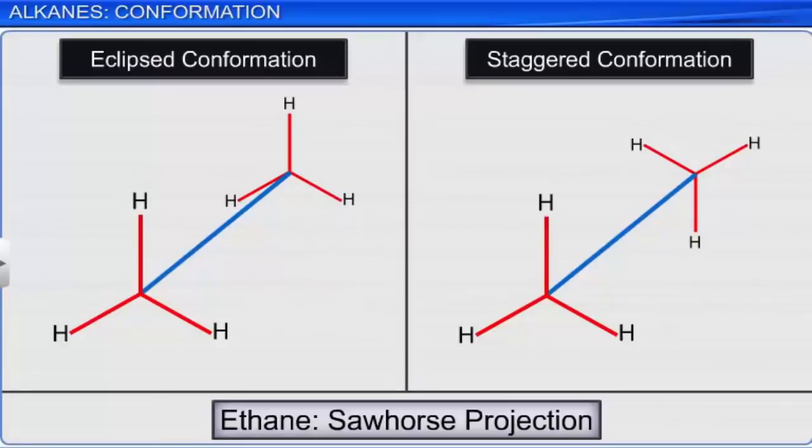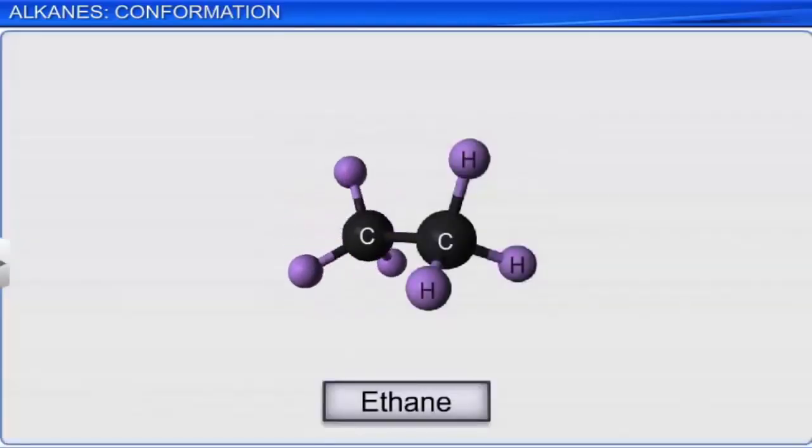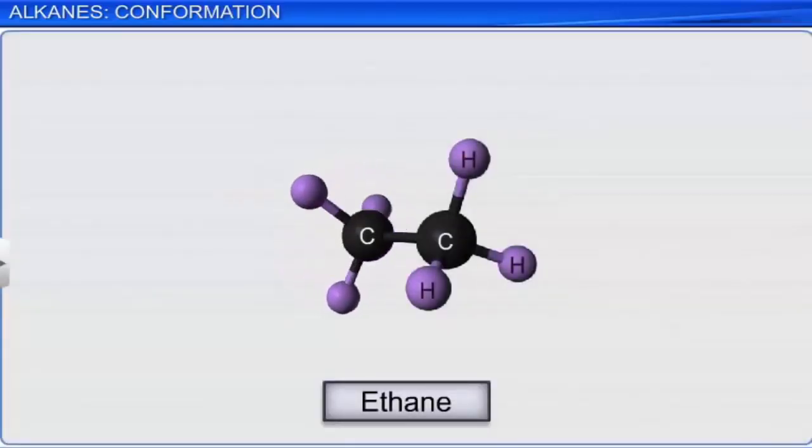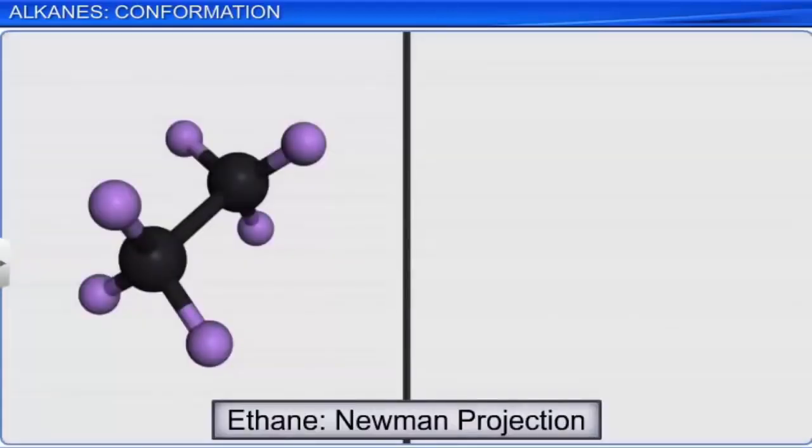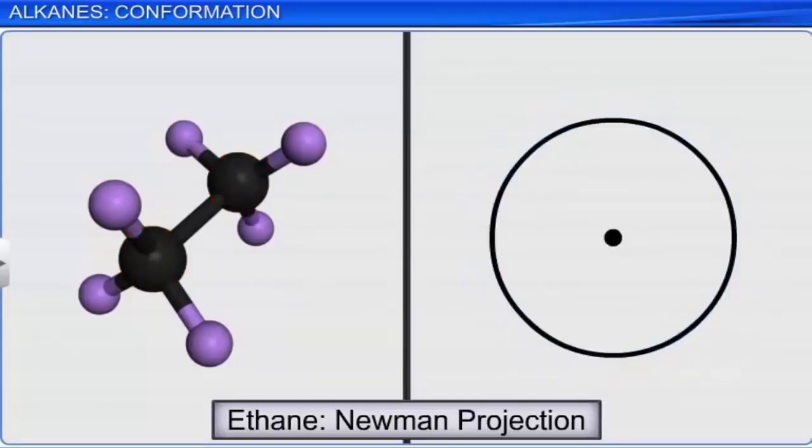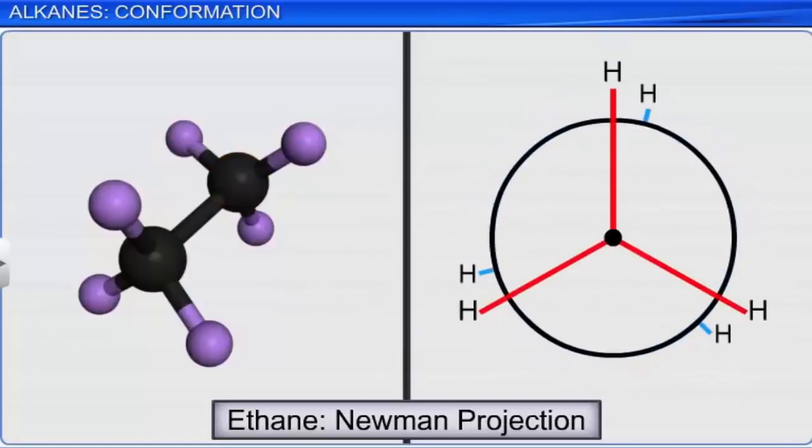In Newman projection, the carbon-to-carbon bond conformation is viewed head-on, that is, front to back. The carbon atom at the front is represented as a dot, and the carbon atom at the back is represented as a circle. The hydrogen atoms attached to the carbon atoms are shown by lines.